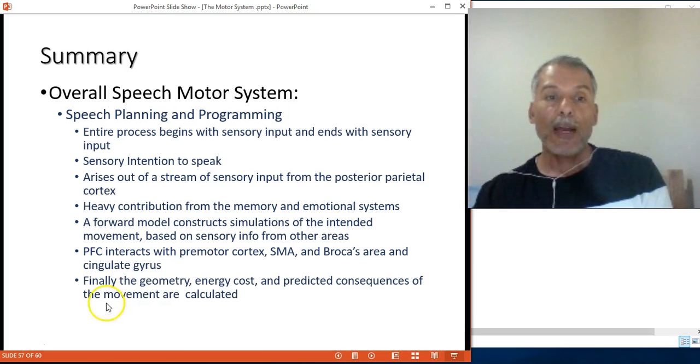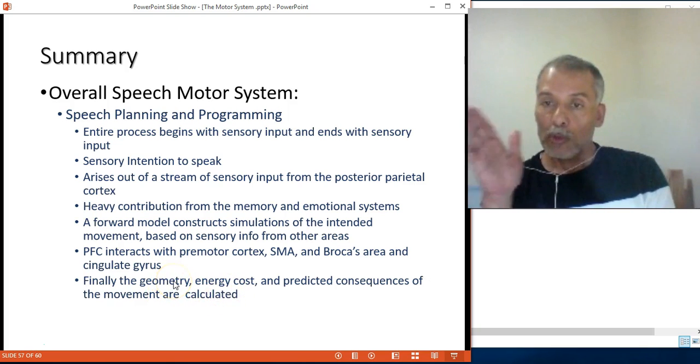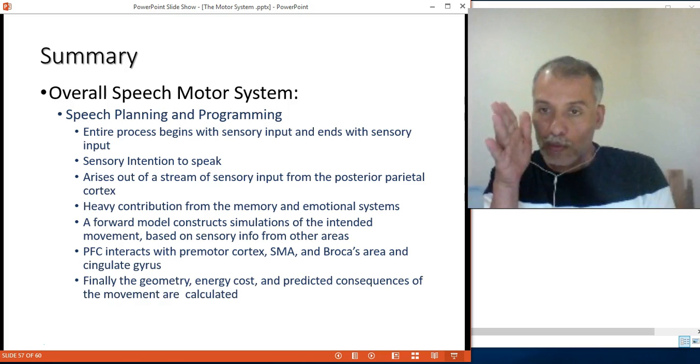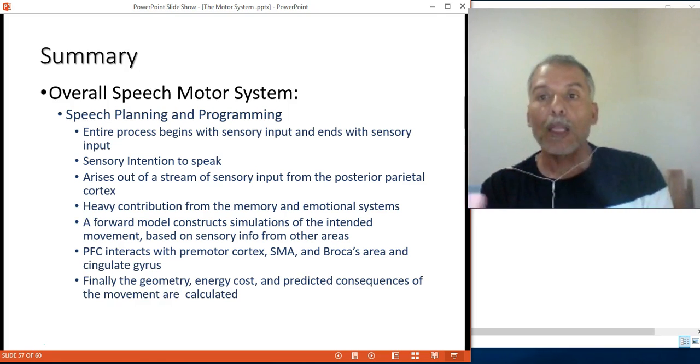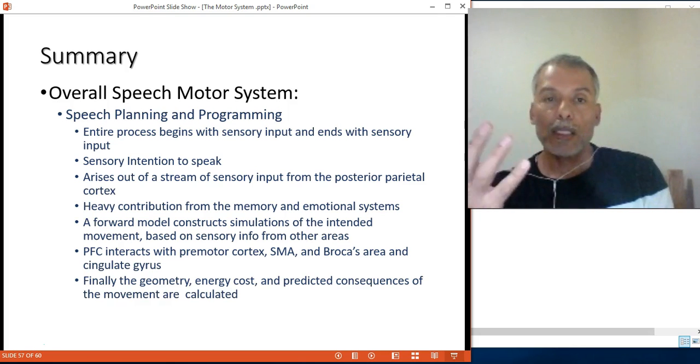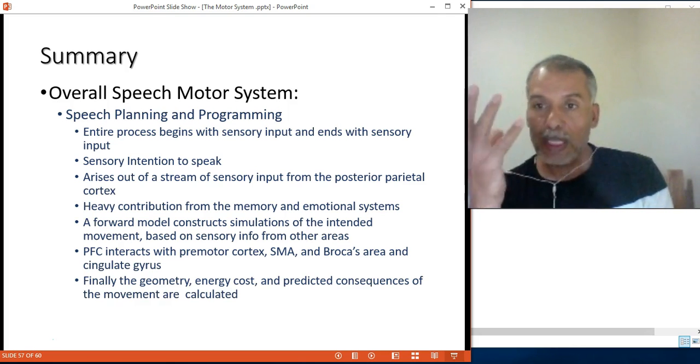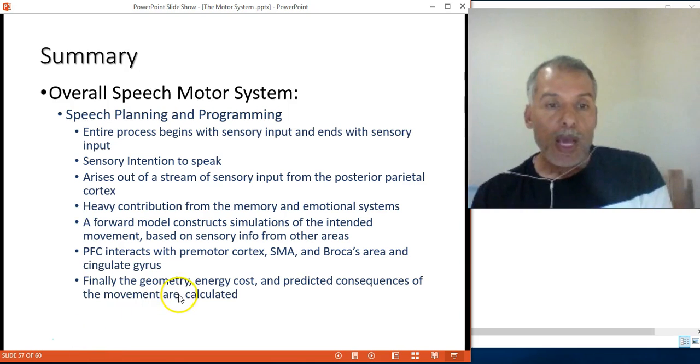Finally, the geometry, the energy. The geometry of the movement. Do you move, for example, straight forward and then bend and then come back when you make the L or R, or how that is measured in 3 dimensions? The geometry of the movement, the energy cost, how much work are the muscles going to make? Will they make a lax valve? Will they make a tense valve?